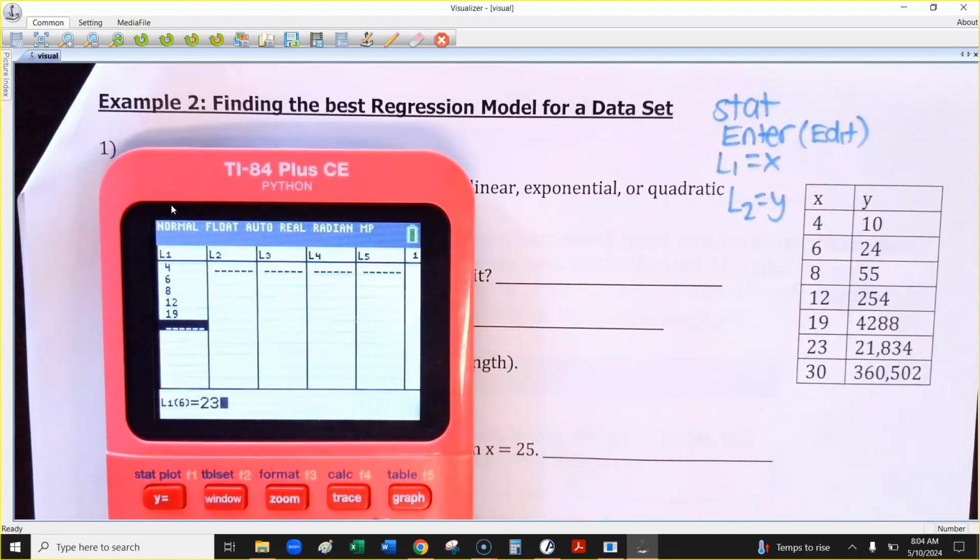Just type the left side of the table in that first column, and then we'll type the right side of the table into the second column. And for the numbers that have, like, I have a 21,000, don't need to type the comma in, just type the digits for the number.